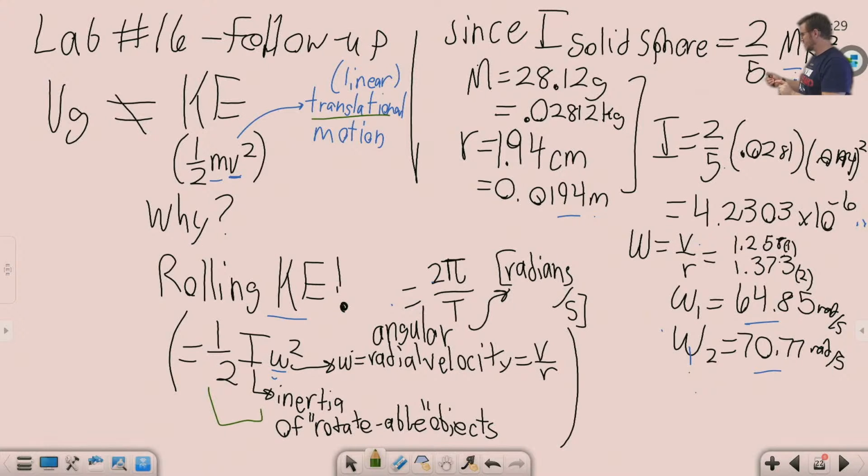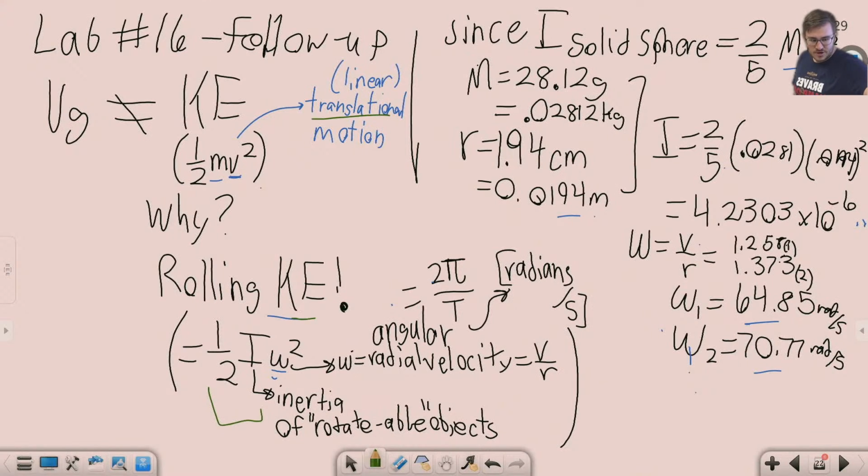That's called translational energy. Some of the energy was transmitted to the ball in its rolling. That's called rolling kinetic energy. And then some of the energy was lost to friction and air resistance. That's work NC, work non-conservative.